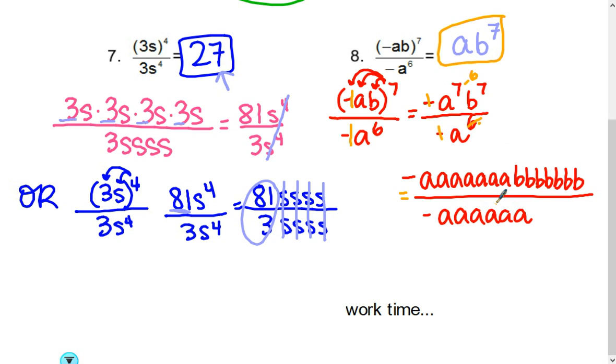So that's where I ended up with my a to the first power here. And then b to the 7th, that didn't really change. Then again down here in expanded form, a negative divided by a negative becomes a positive. Gone, gone, gone, gone, gone, and gone, but I still have this one left over, a, and then b to the 7th power. So a times b to the 7th power.